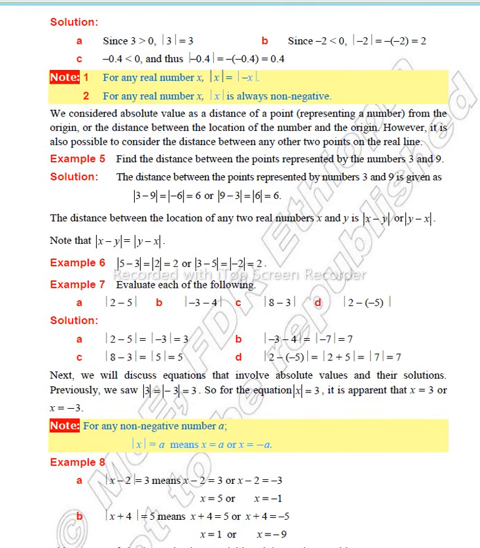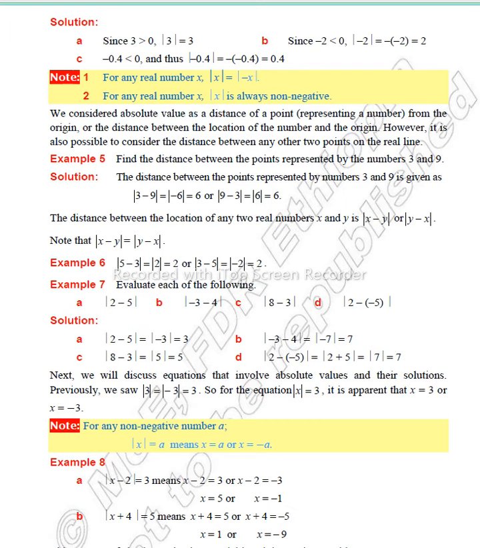Evaluate the following: the absolute value of 2 minus 5 is equal to the absolute value of minus 3, which is 3. Again, the absolute value of minus 3 minus 4, which is minus 7. The absolute value of minus 7 is equal to 7.